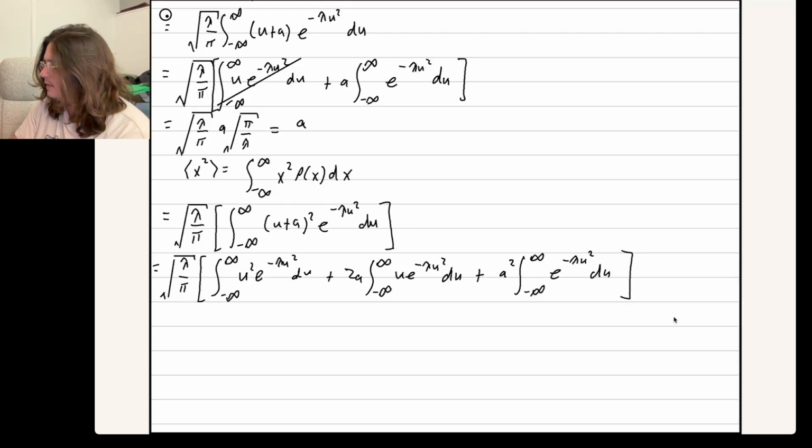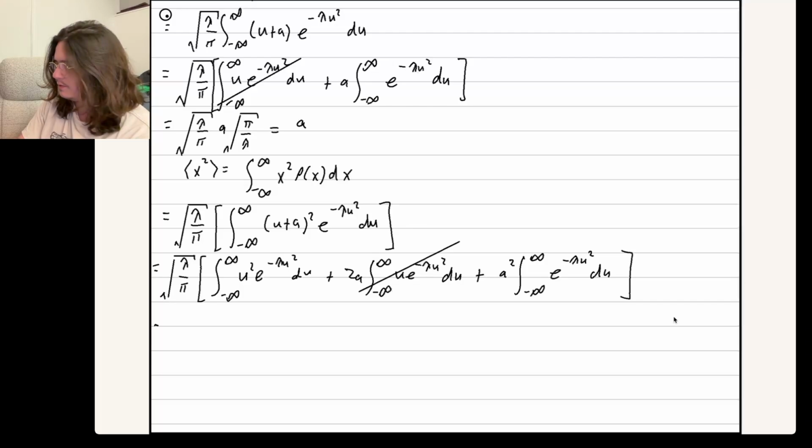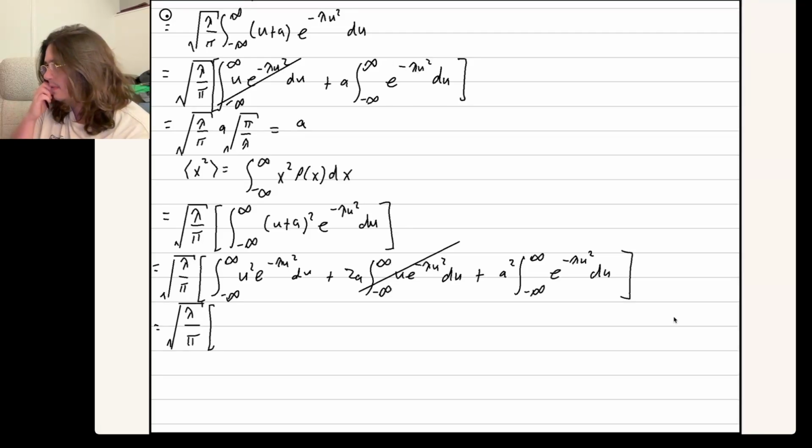All right. The second two integrals we've already done. This one evaluates to 0. The last integral is another table integral, which has the result that I will write down: root pi over 2 times lambda to the 3 halves.